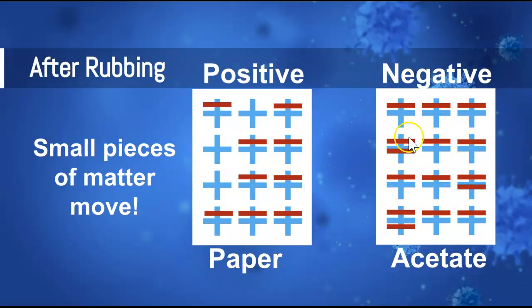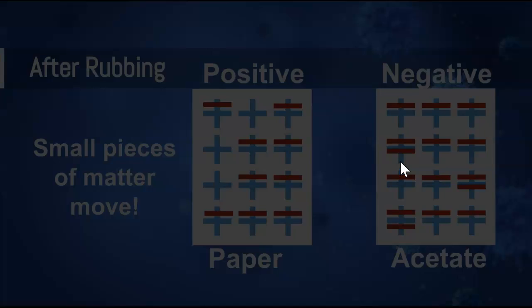On this side, we have the same number of positives as before, 12, but now we've got 3 extra electrons. We've got 3 extra negatives, so we actually have 15 negatives in here. We have more negatives here, which means this will be negative. So by rubbing two neutral objects together, we ended up with one object becoming positive because it lost electrons, and one object becoming negative because it gained electrons.